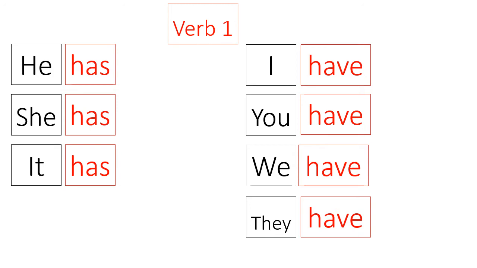Whenever we use the verb has or have, we say he has, she has, it has, I have, you have, we have, and they have. We never say, for example, I has. We never say, for example, he have. So that's important to know when we write questions and answers about the past, different times in the past until now.